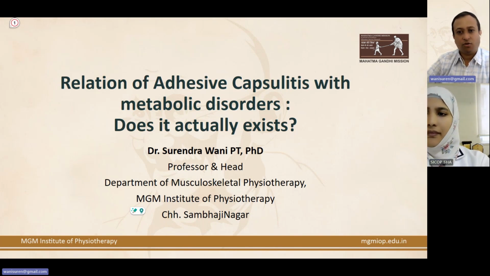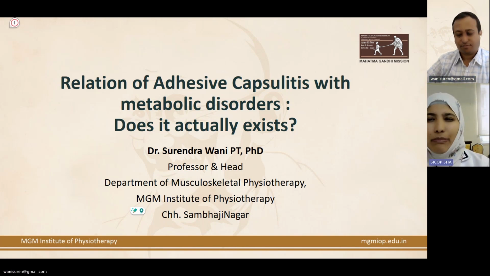Uncontrolled diabetes or uncontrolled hyperglycemia may not give you good or appropriate results with only physiotherapy. So the medications should always be the primary line of treatment, and along with that, proper appropriate physiotherapy should be advised to the patients with diabetes.